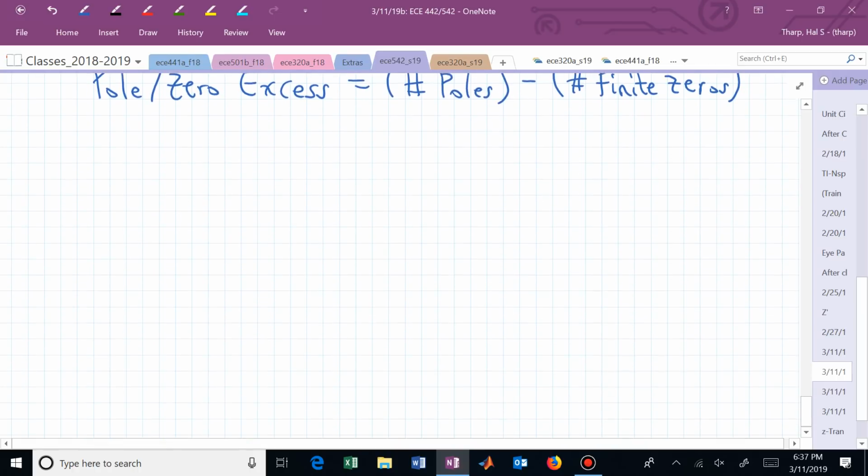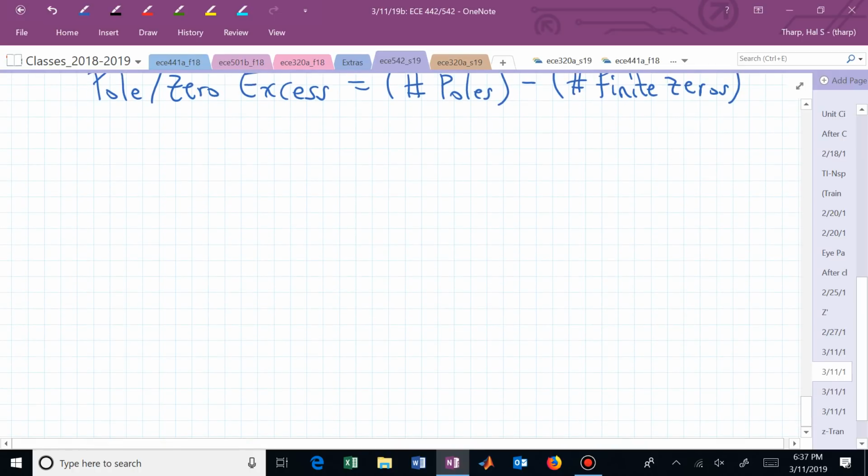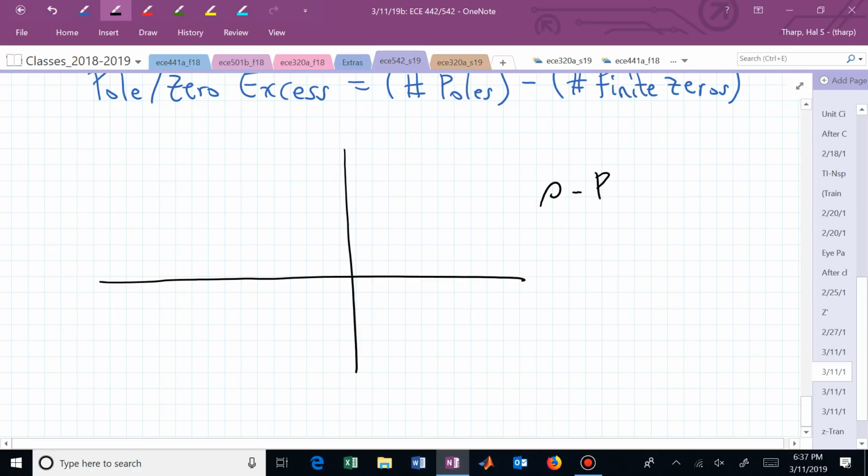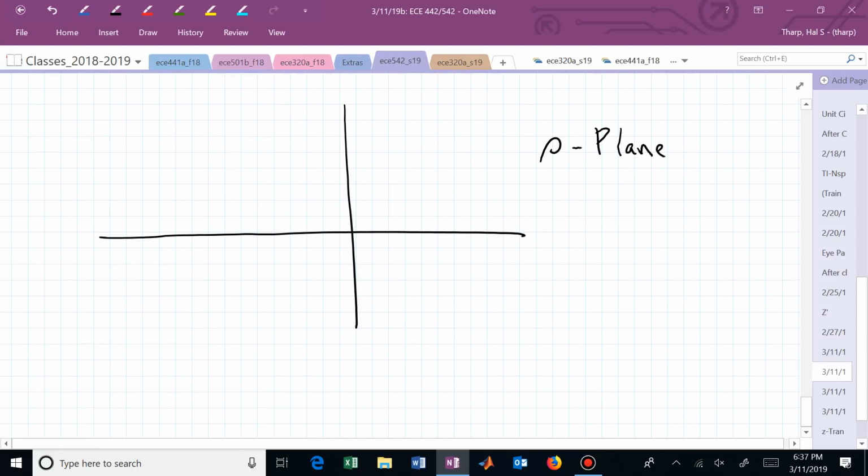Where's this z equal to minus 1 coming from, or why do we look at z equal to minus 1 as being consistent with a high frequency in the S domain? Suppose we looked at the S domain. Again, we have two different complex planes: the S plane and the Z plane.